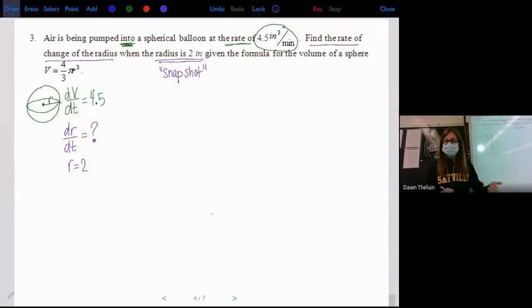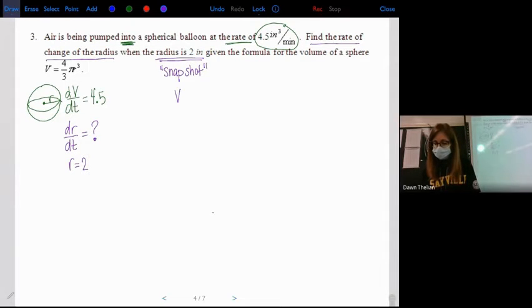Another way that they could give this to us is at a certain time, but then they would have to connect how the volume was changing according to time. So it's easier for them to give us a split second that the radius is, in order for us to evaluate this. I do not want to plug in the 2 into the volume formula.